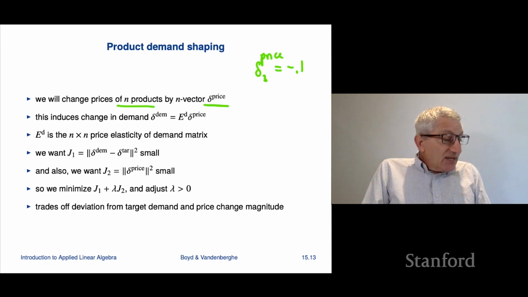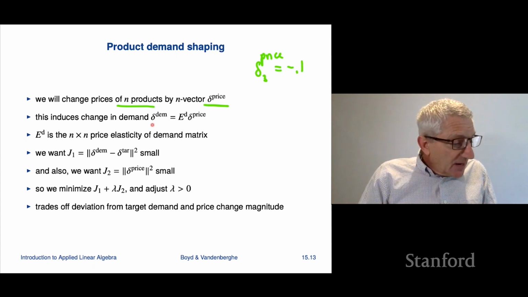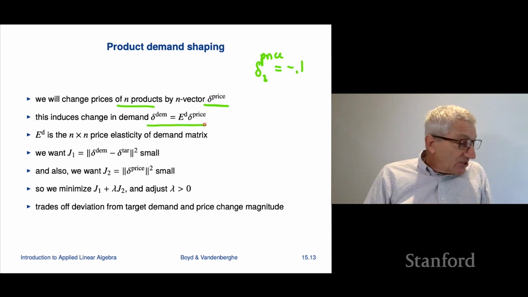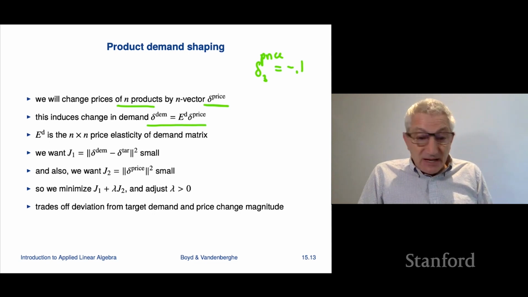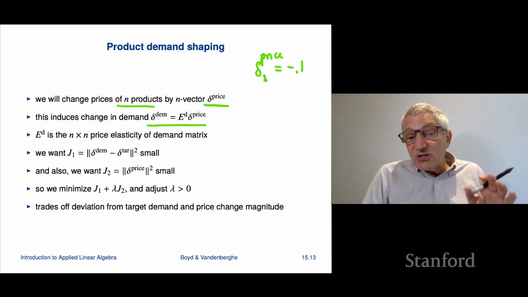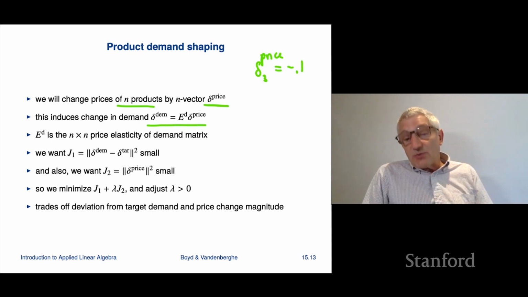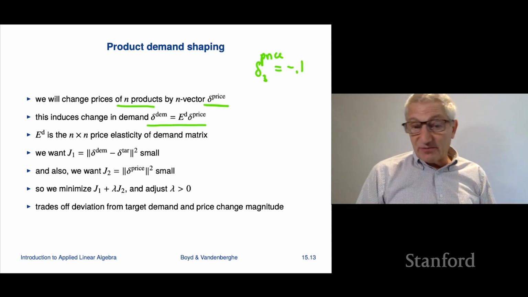If you change the price of a bunch of products, it's going to change the demand for them, and these are related by this linear equation. Here E superscript D is the price elasticity of demand matrix. The entries tell you how much change in demand you get for a product as a function of how much you change all the prices of your products.